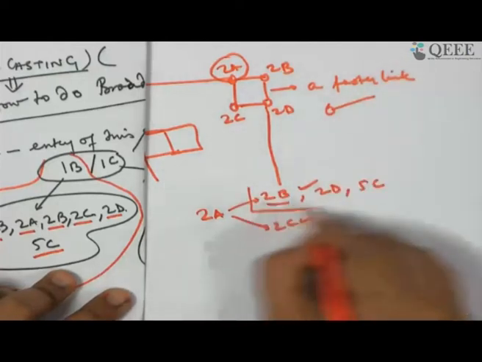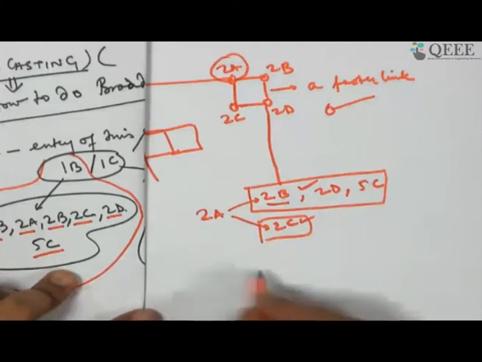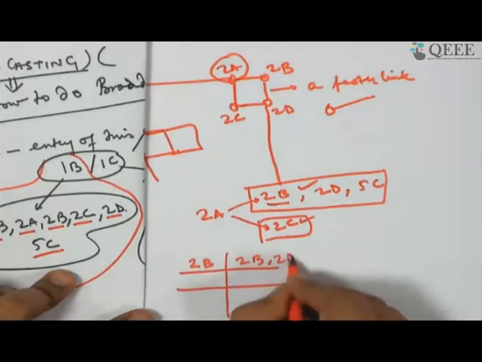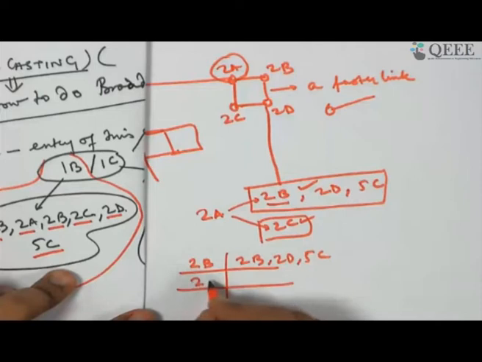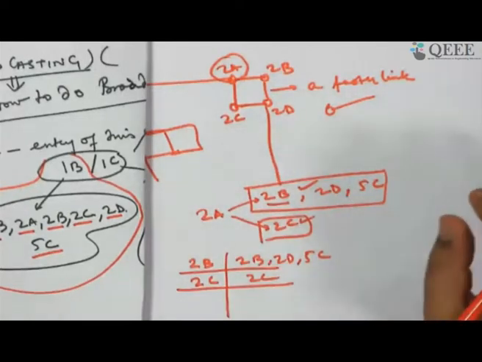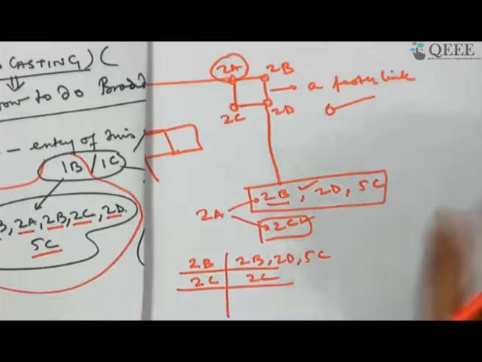So now you have the table that from 2A there are two entries: one is to 2B, where 2B, 2D, 5C will go, and another is 2C, where just 2C goes. So now you are actually using the routing table and pushing the packets, but in a broadcast way. The packet is not going to a single node, but to multiple destinations.